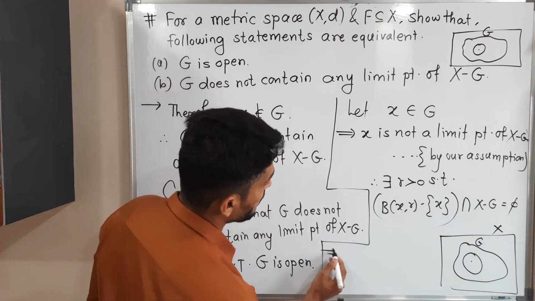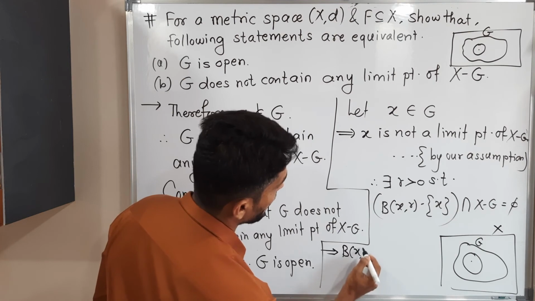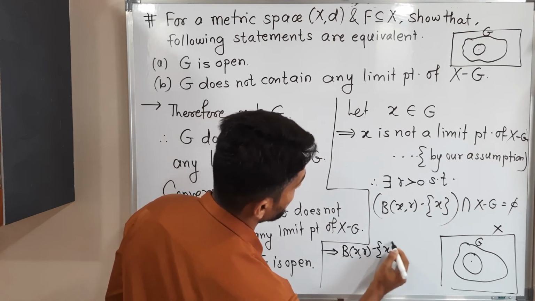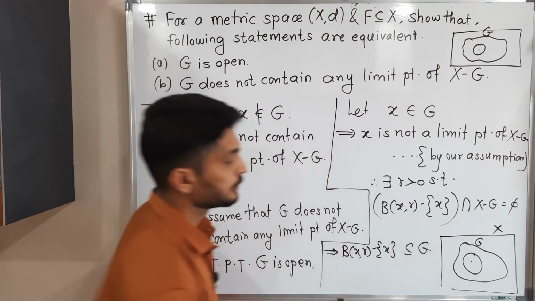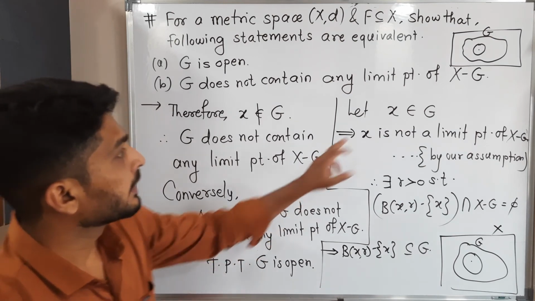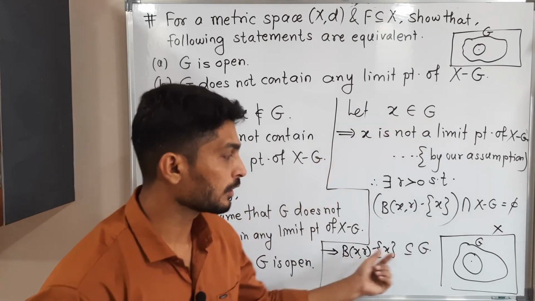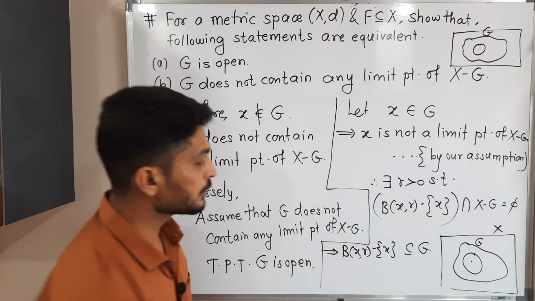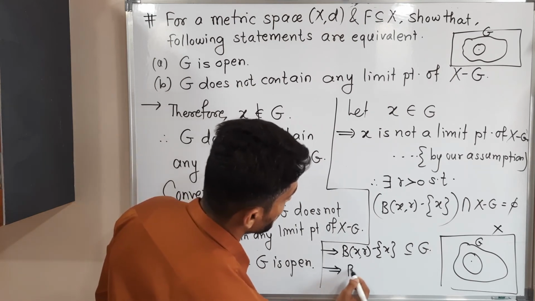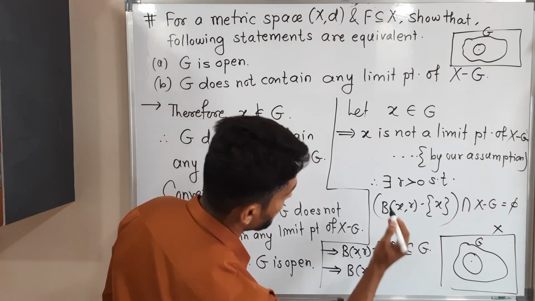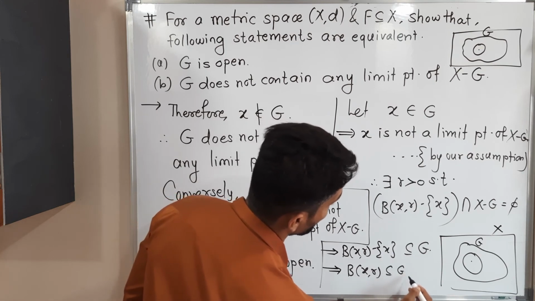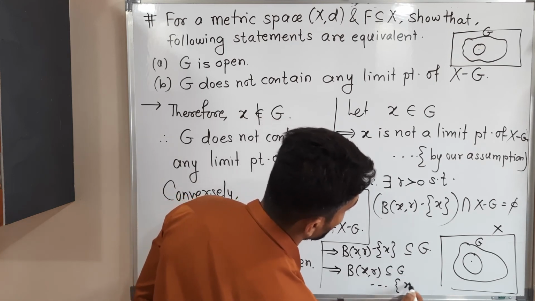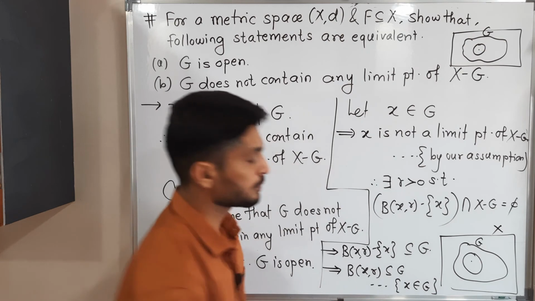So therefore, what can we say? B(x, r) minus singleton x is a subset of G. Basically, x is in G and this ball also is in G. So there is no need to subtract. Because of that, I can write B(x, r) is a subset of G. I will mention the reason: because x belongs to G.